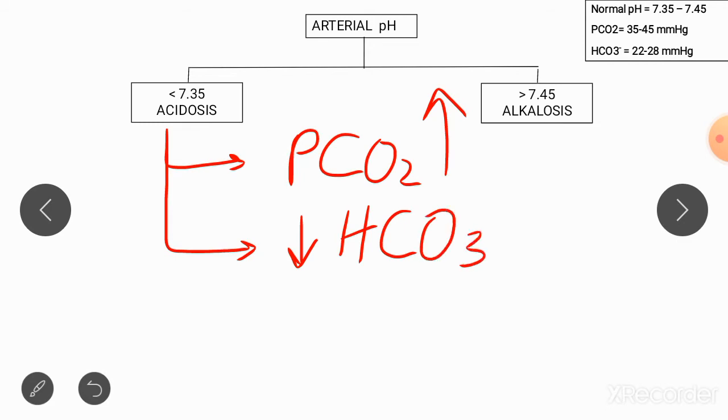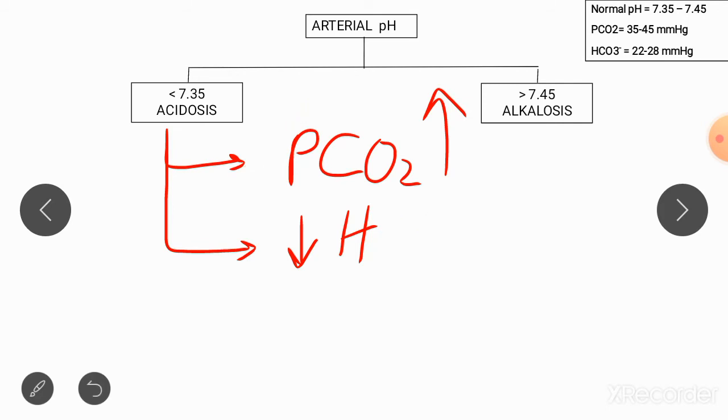So we have two scenarios of acidosis. Either the partial pressure of carbon dioxide is increased, then this person will be suffering from respiratory acidosis, or the concentration of bicarbs is decreased and this person is going to be suffering from metabolic acidosis.